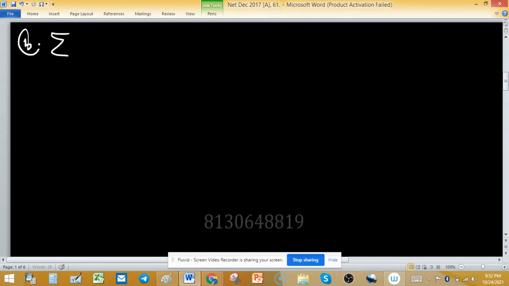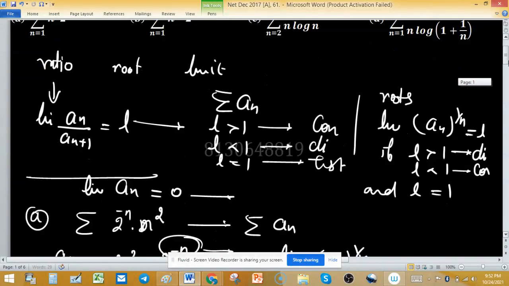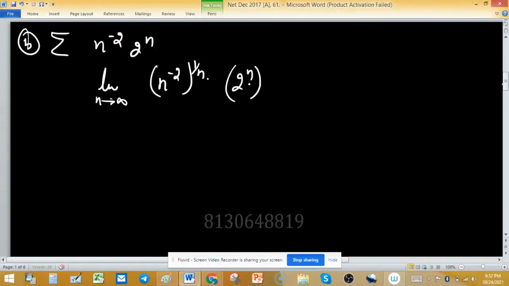For option B, summation, what is option B? Option B is n raised to the power minus 2, 2 raised to the power n. Again, I am going to apply the root test. Limit n tends to infinity of n raised to the power minus 2 raised to the power 1 upon n, into 2 raised to the power n raised to the power 1 upon n.